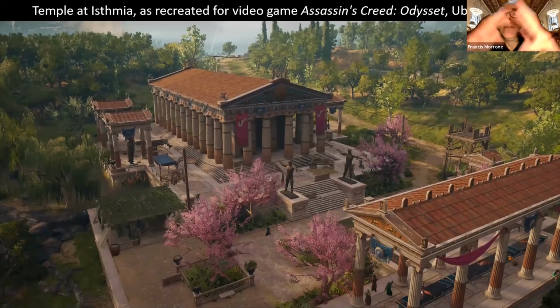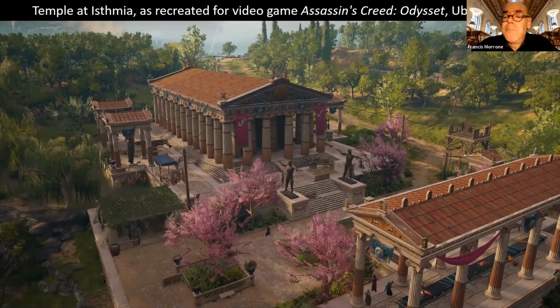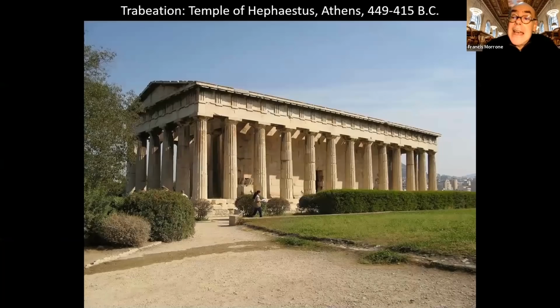Now, I don't know how much scholarship went into this, but goodness, these are vivid images. This is that temple that I just showed you, the temple at Isthmia, a wooden temple. And you can see that it is certainly rather grand.